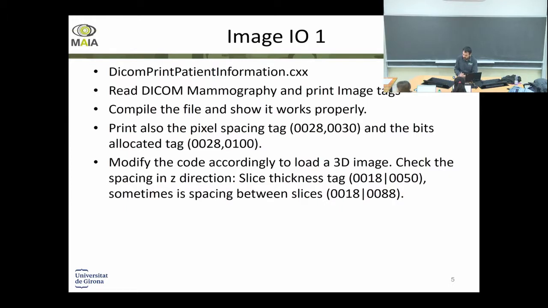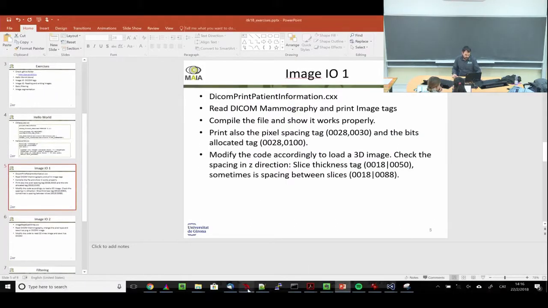Then you have to modify the code accordingly to load the 3D image and check the spacing in the Z direction, the slice thickness, which is sometimes in the slice thickness tag, 0018,0050, but if you don't find this information, maybe it's in another tag, which is 0018,0088. Okay? That's the idea of this first exercise. Yeah? Just one last mention about the data.